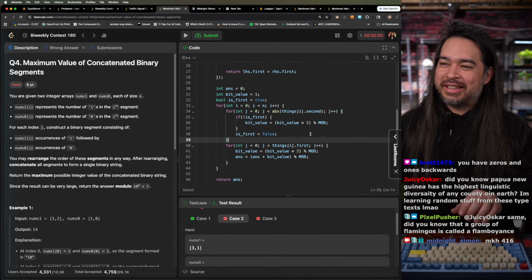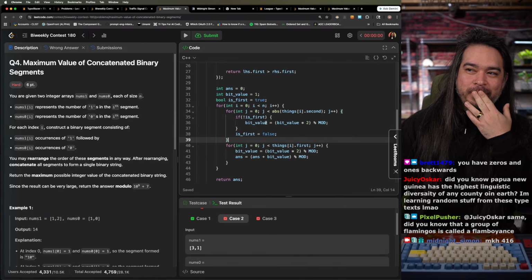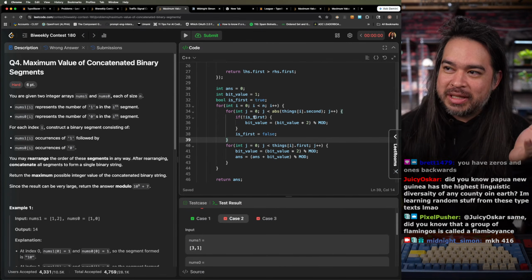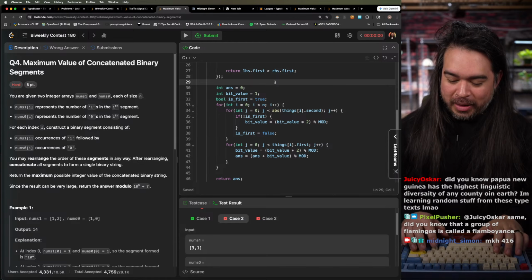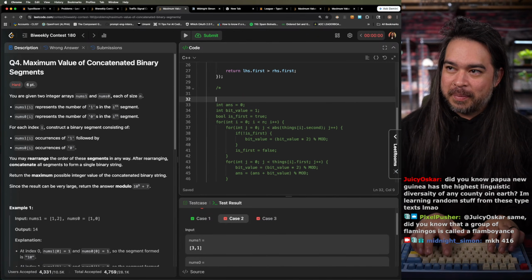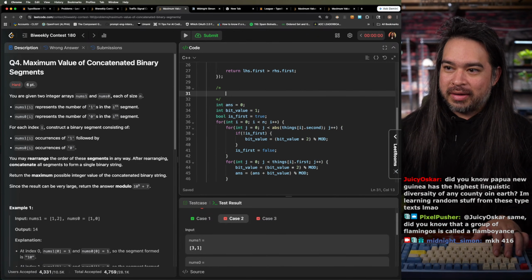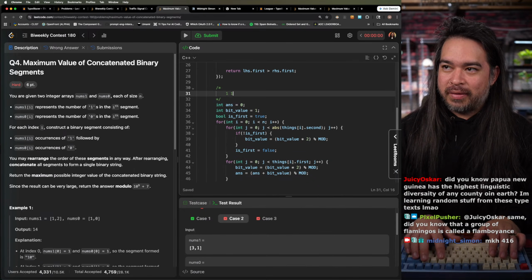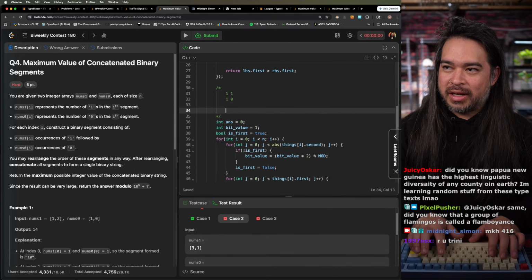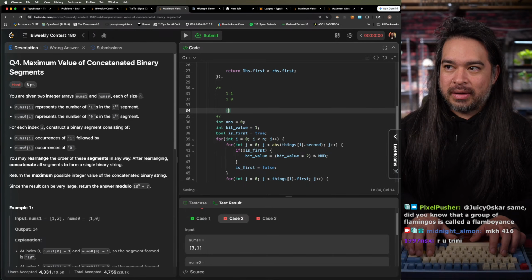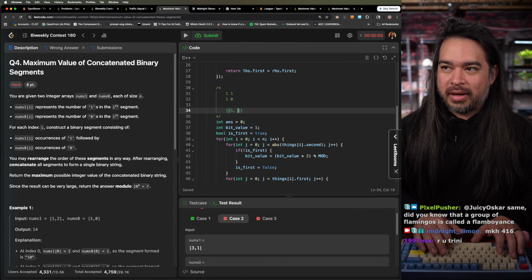I didn't know that. All right, maybe I'm tripping myself out because the way I'm envisioning things here is like, let's say we have these things. These are our segments. Then they actually look like that.